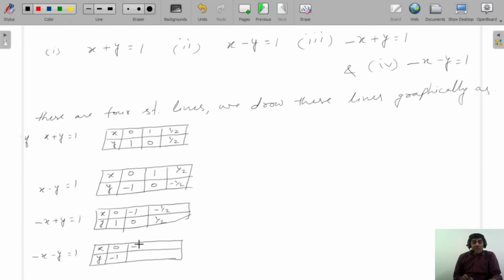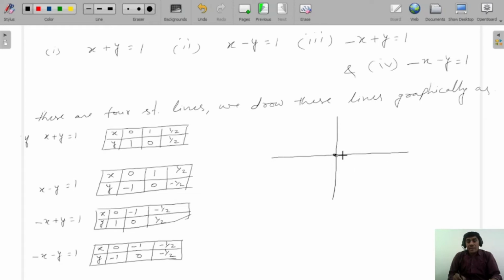If x is minus 1, then y is 0. If x is minus 1 by 2, then y is also minus 1 by 2. Using these tables, we draw a graph of all these 4 lines.